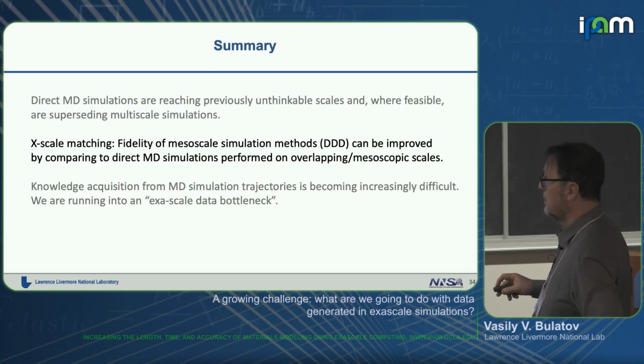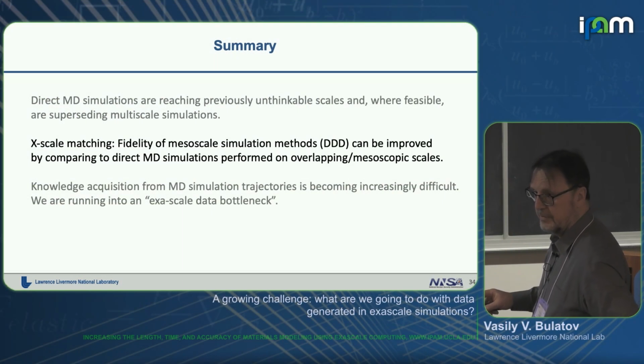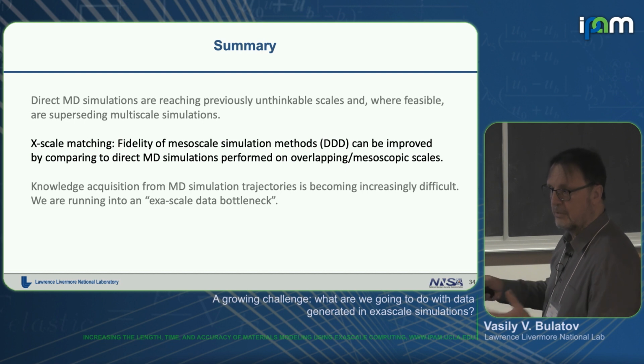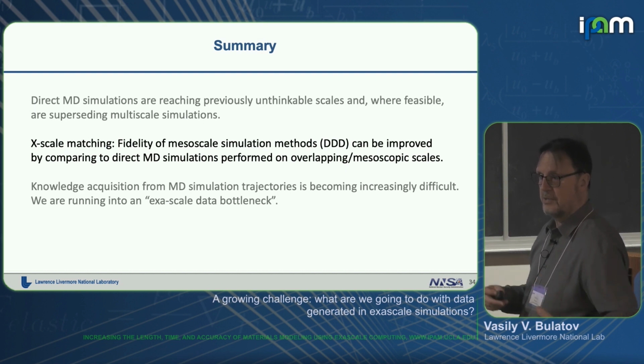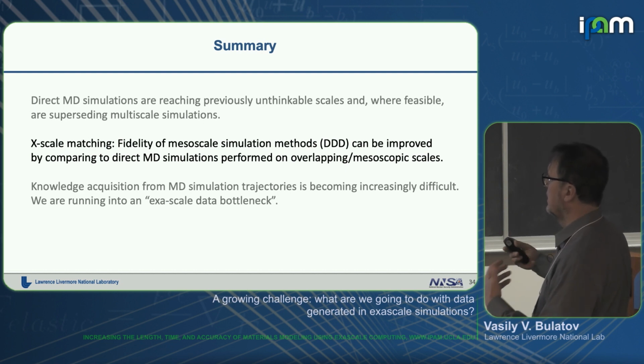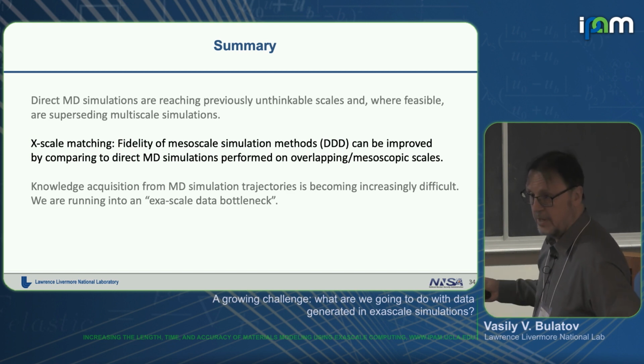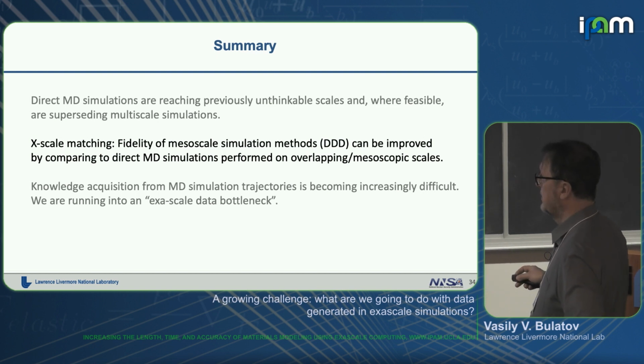This cross-scale matching practice that we established and now follow in our simulations is very interesting and very useful. You contrast the mesoscale simulations to molecular dynamics and analyze it, and it can serve to greatly improve fidelity of mesoscopic methods, which are still way more efficient computationally than direct molecular dynamics.